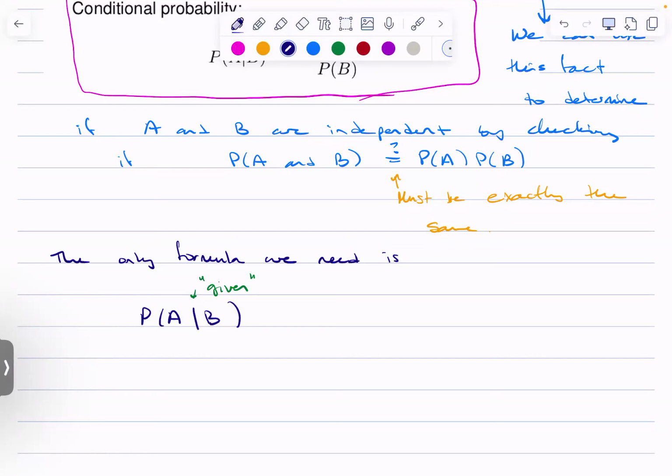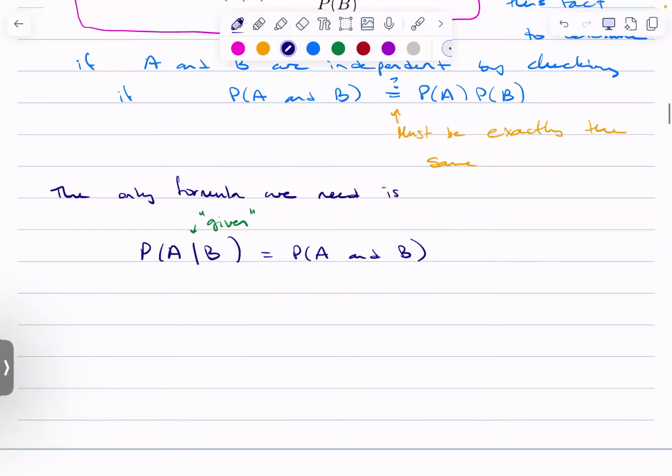Knowing that B happened, what's the probability of A? How you're going to find that is the probability of A and B together, the first thing and the second thing happening, and then you want to divide by the probability of B, which is the given thing. You know it happened.